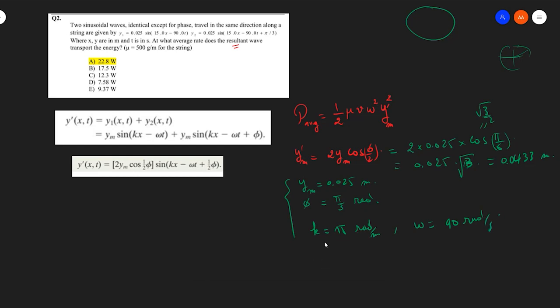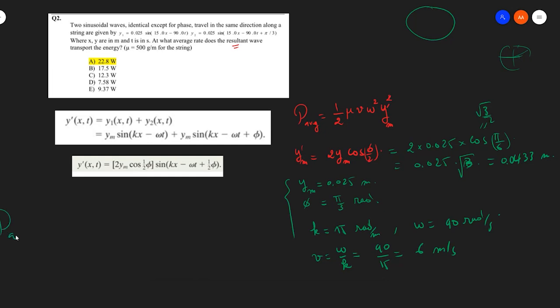And so we can get the velocity v of the wave as omega over k, which is 90 over 15, and this should give 6 meters per second. So we have v, we have omega, we have everything.